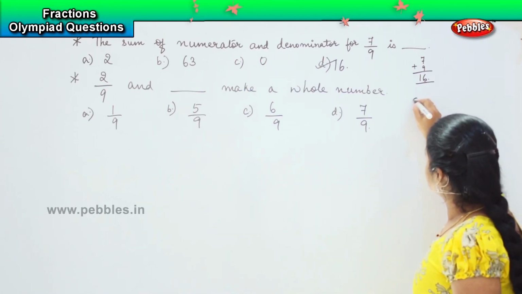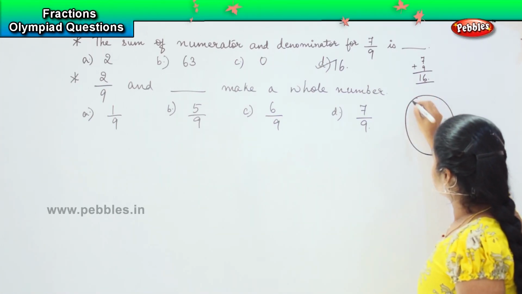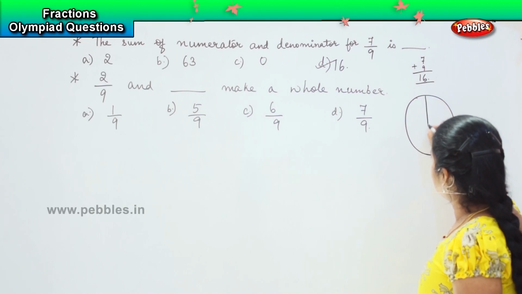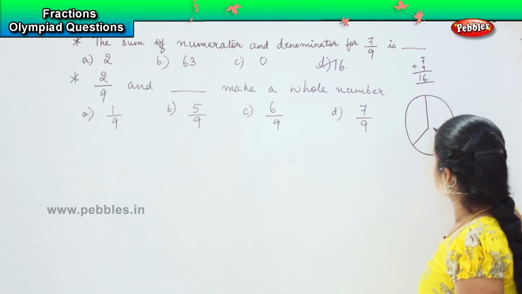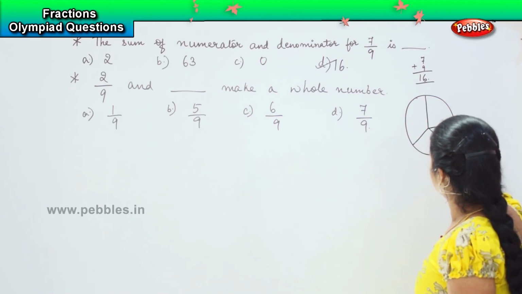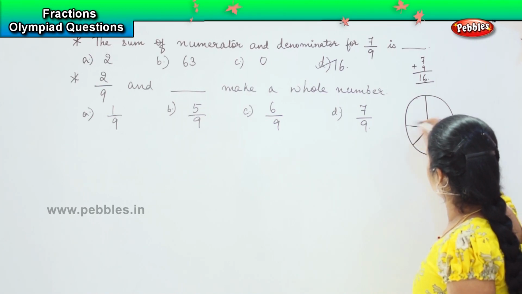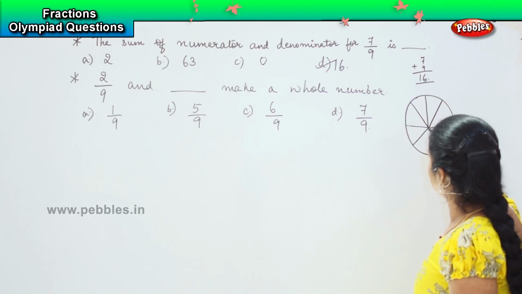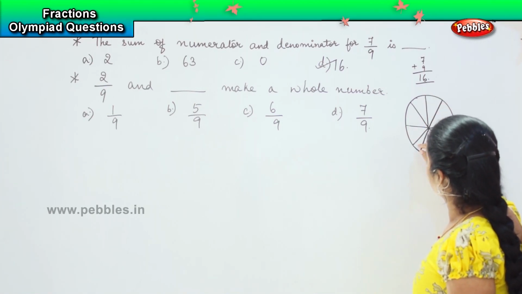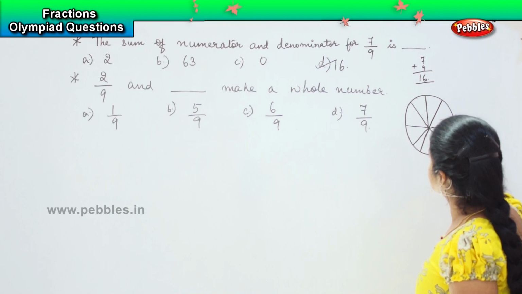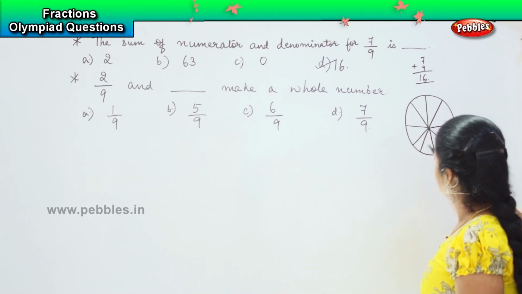So first we will just try to divide 9 parts. 1, 2, 3, 4, 5, 6, 7, 8 and 9.